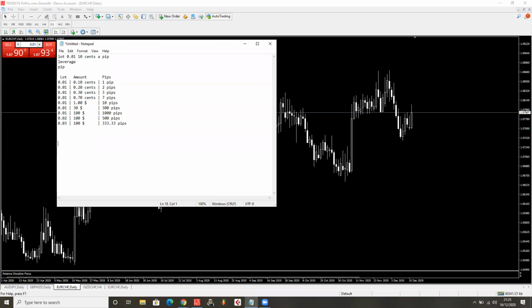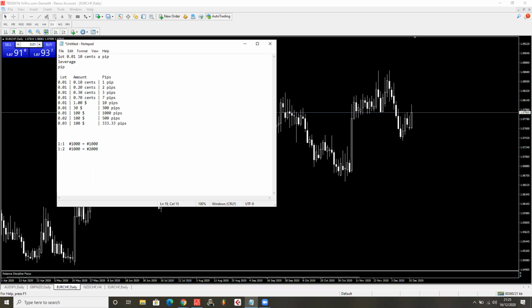So the leverage could be 1-to-1, which means for 1,000 naira you have, you have 1,000 naira. Now, if the ratio is 1-to-2, it means for every 1,000 naira you have, you have 2,000 naira.